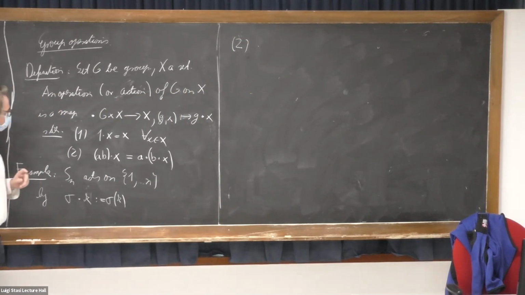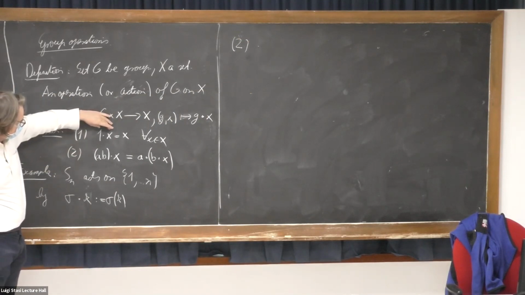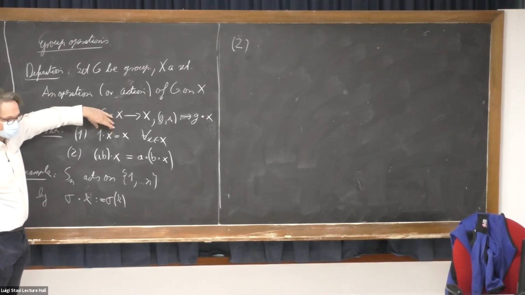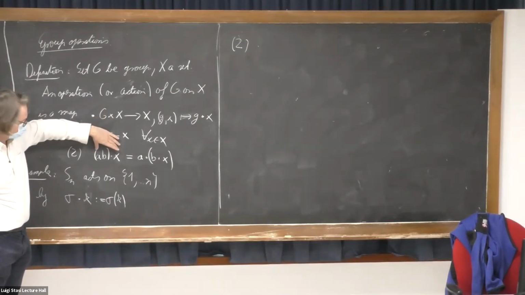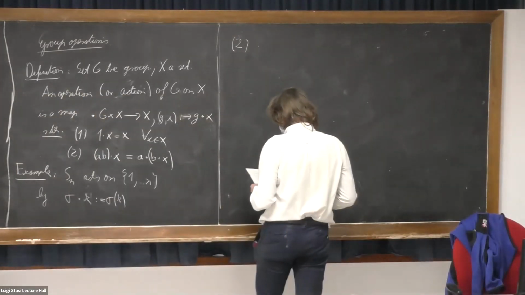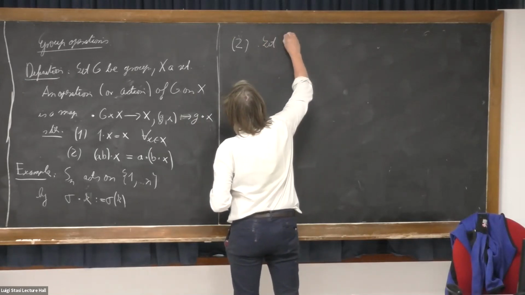In particular, we can have a group act on itself just by multiplication inside the group. If x is an element in G, then this is the condition that one is a neutral element, and this is the condition that the multiplication in the group is associative. So we can have the group act on itself by multiplication. Let G be a group.